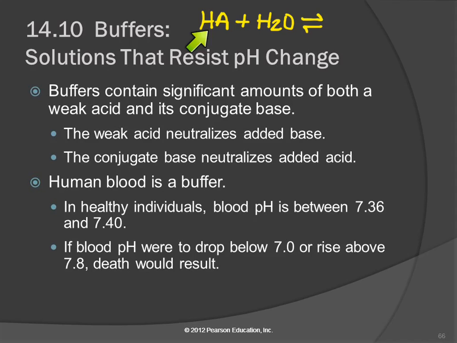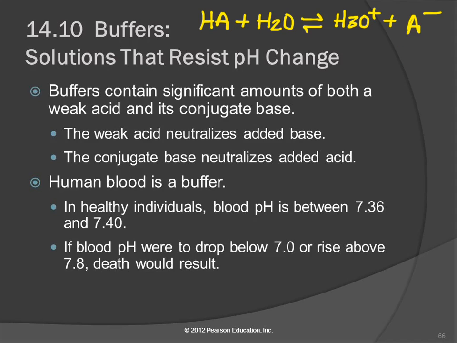The weak acid is a proton donor. It's going to donate a hydrogen to the water, which is going to accept it because it's acting as the base. And so we'll get that hydronium ion, and we'll get the conjugate base, which is the ion of that acid. So in a buffer solution, you have significant amounts of the weak acid and the conjugate base.